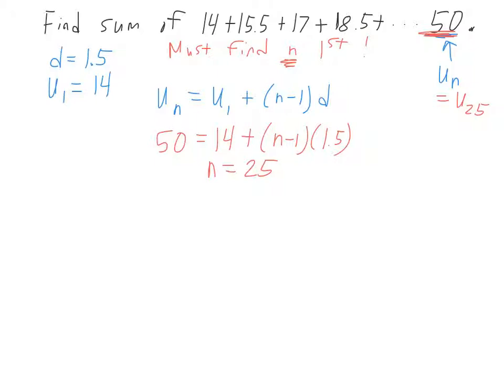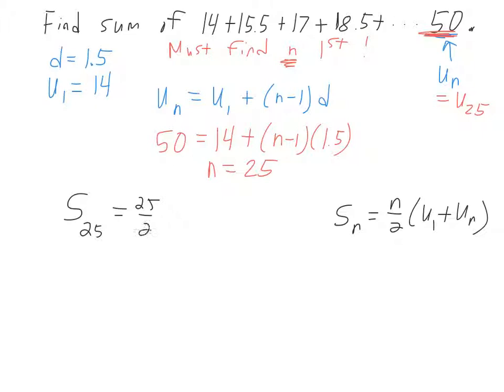So we are trying to find s sub 25. We now know there's 25 terms that we need to add together. Since we know our last term, let's use this formula here, the one that has the last term in it. So we're going to have 25 over 2.